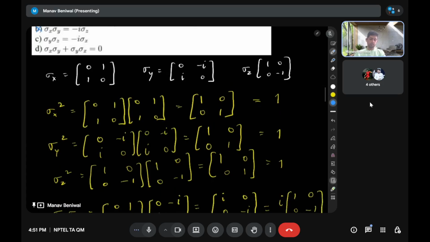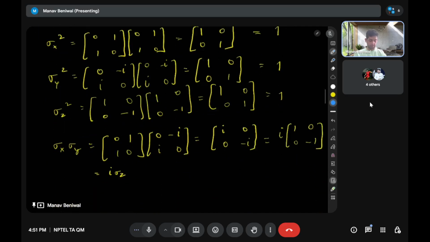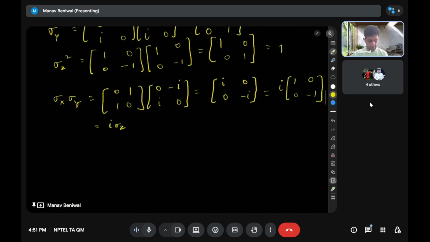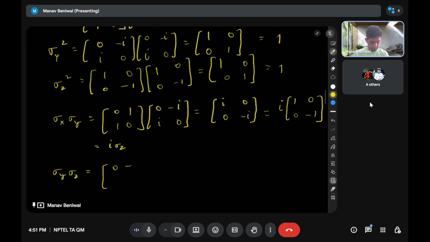Similarly we have sigma y times sigma z. Let's find out that one as well. 0 minus iota, iota 0, and 1 0 0 minus 1.